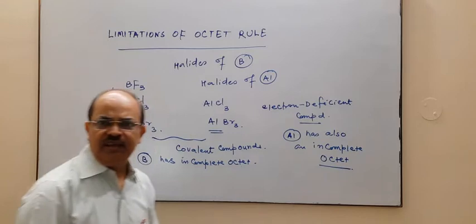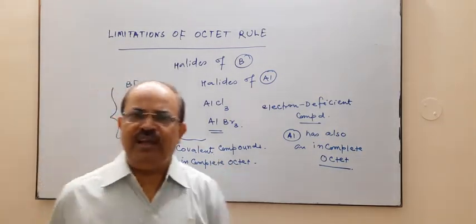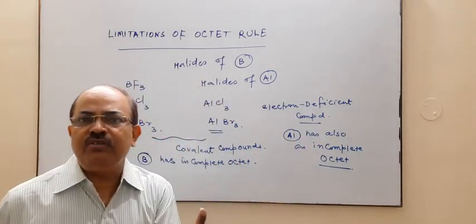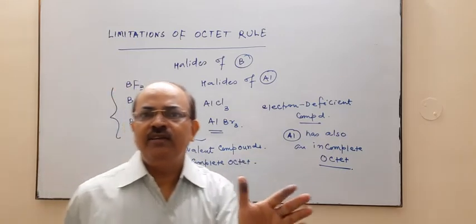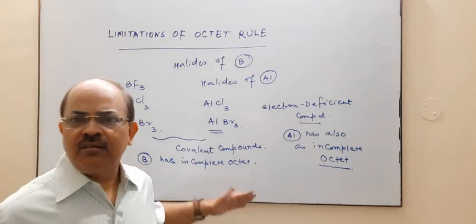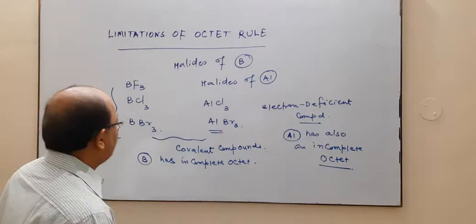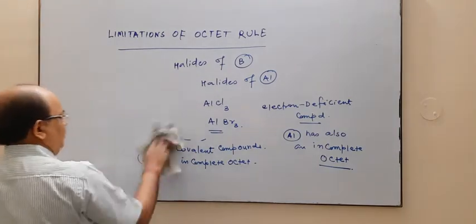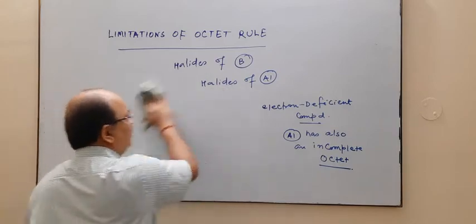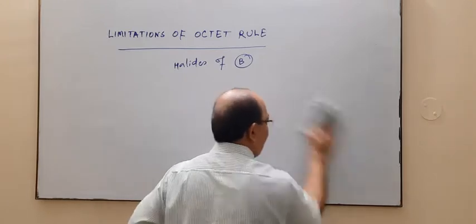आइए देखते हैं कि क्यों ये इलेक्ट्रॉन डेफिशिएंट कंपाउंड हैं और कैसे इनके पास इनकम्प्लीट ऑक्टेट है. सो दैट इज वेरी इंपॉर्टेंट कि व्हाई इट इज योर इलेक्ट्रॉन डेफिशिएंट कंपाउंड. फॉर एग्जाम्पल, इफ वी कंसीडर boron trichloride.